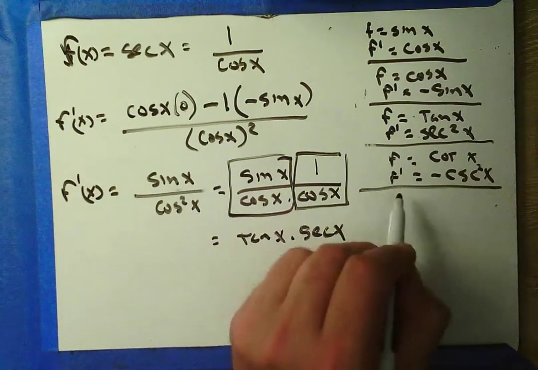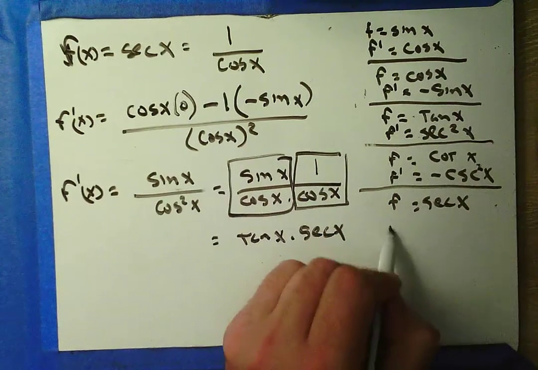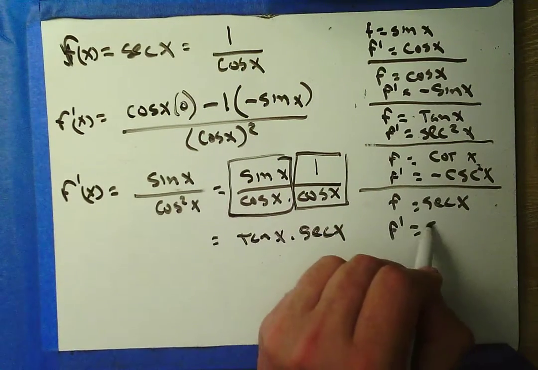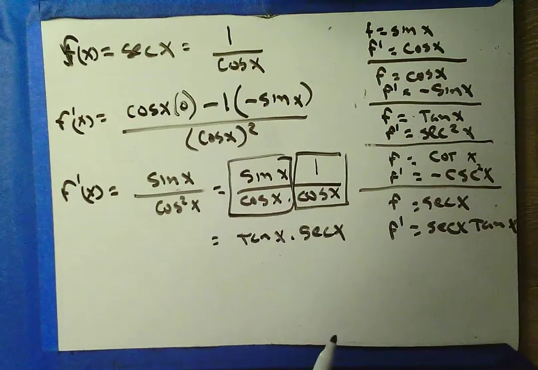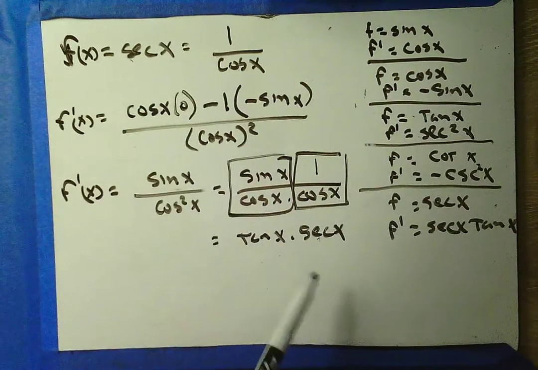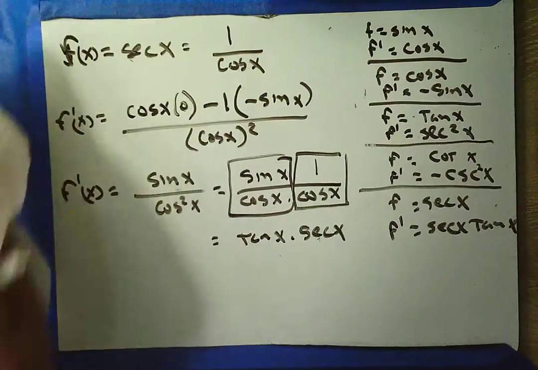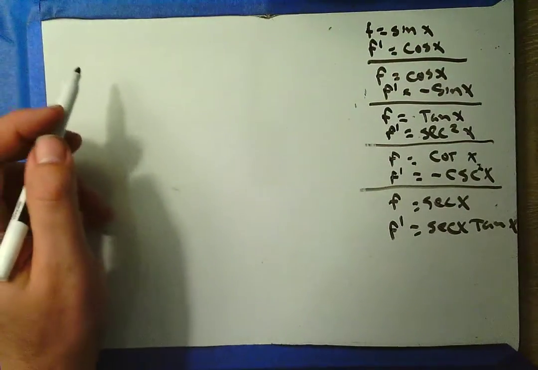So when f of x equals secant x, f prime of x will be secant x tan x. So the derivative of secant is secant tangent. Okay, last one. And yes, we will do the inverse trig derivatives, just not today.